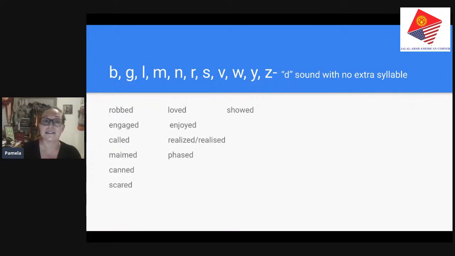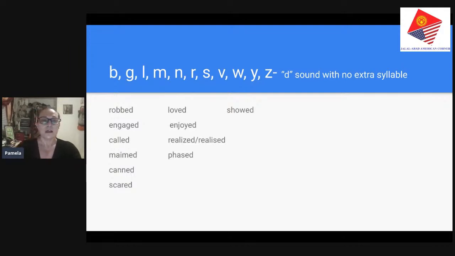Rob does not, but we want to show that these are the ones that just have no extra syllable. If it's one syllable like rob, it stays one syllable, robbed. If it's two syllables like engage, it stays two syllables, engaged.